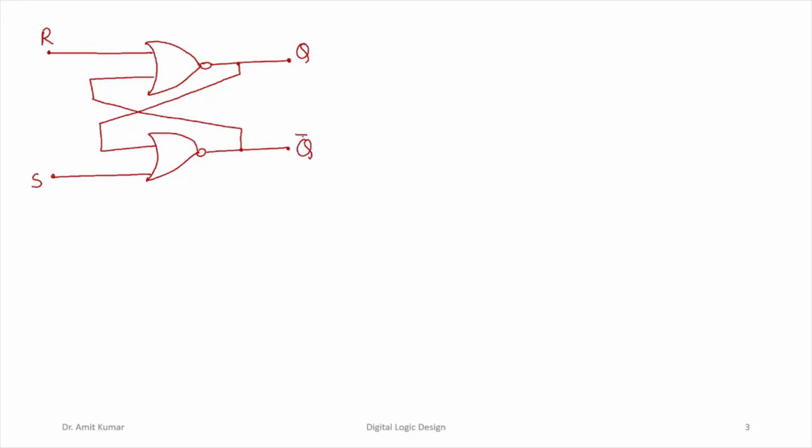This is the input, we call it R. This is the input, we call it S. This output terminal is connecting to the input of this particular NOR gate with the help of the feedback mechanism, and this output terminal is connecting to the input of this NOR gate with the help of the feedback mechanism. This is the uncomplemented output, and this is the complemented output.